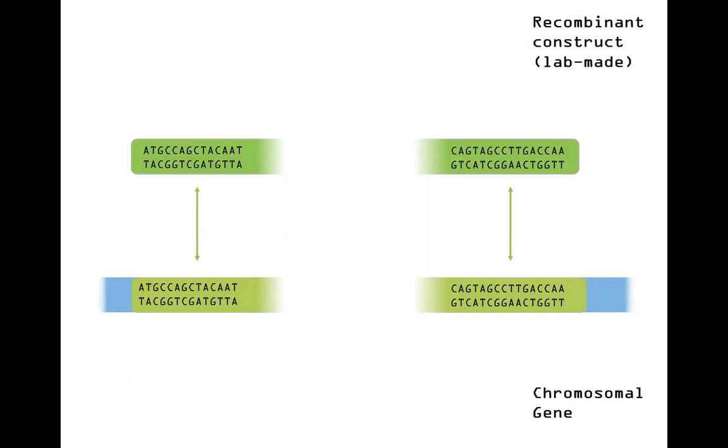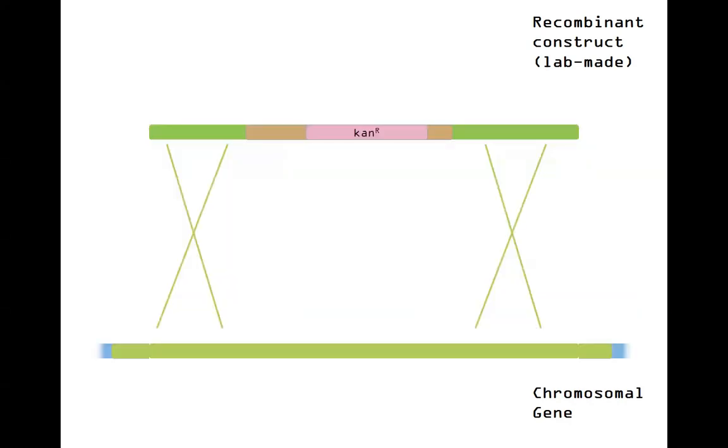So if we zoom back out and think about what's about to happen here, hopefully you remember that during homologous recombination, we're going to see a mix and match. We're going to see the situation where we're swapping out pieces of the chromosome. So we can see what's going to happen here. Get those guys out of the way.